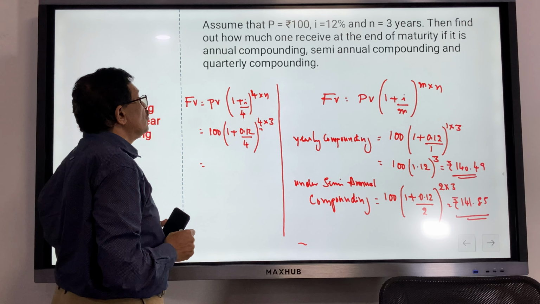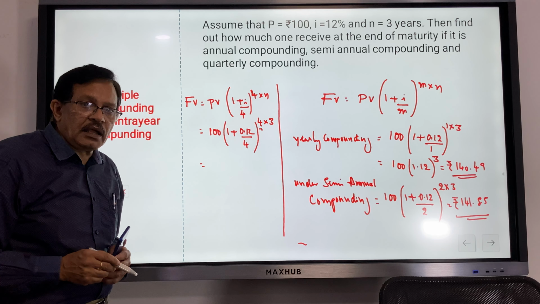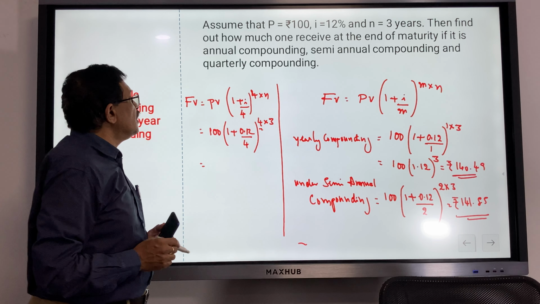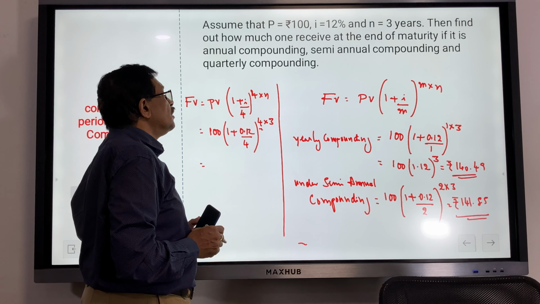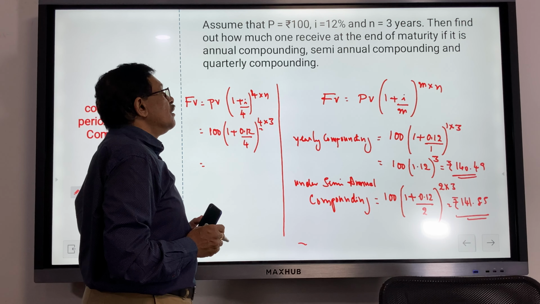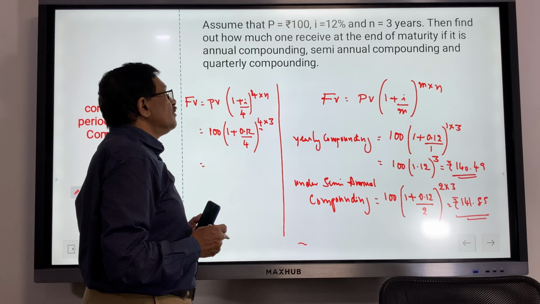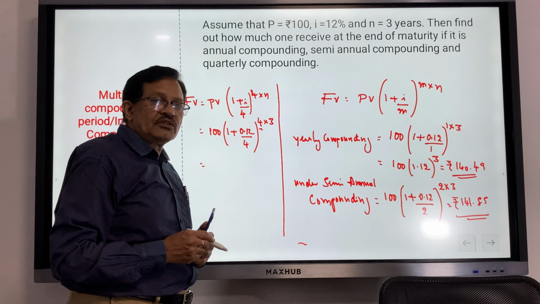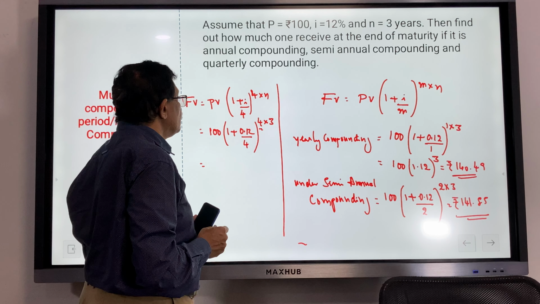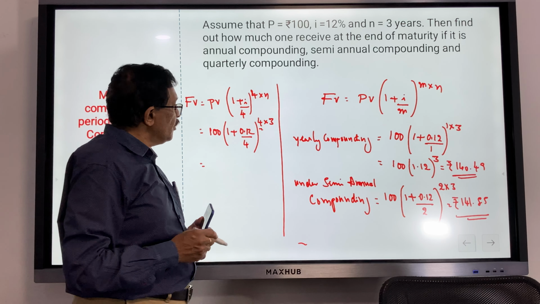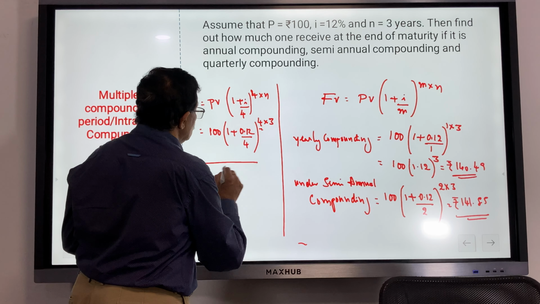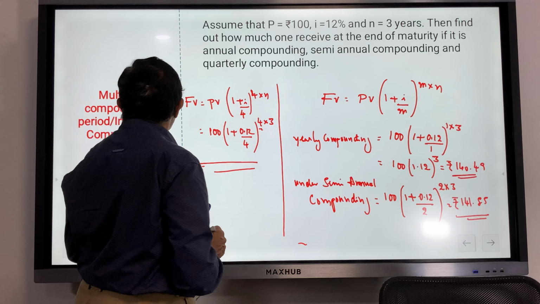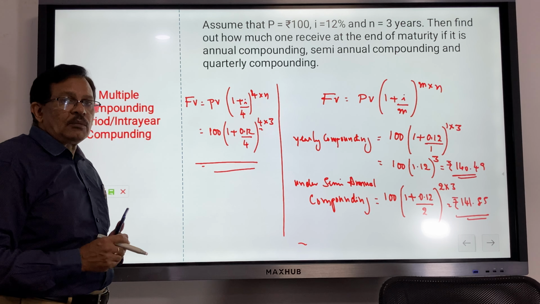If it is compounded on a daily basis, the M is going to become 365 days, or 366 days if it is a leap year. So this is what we need to understand with regard to the multiple compounding period technique.